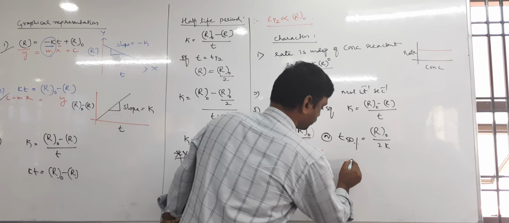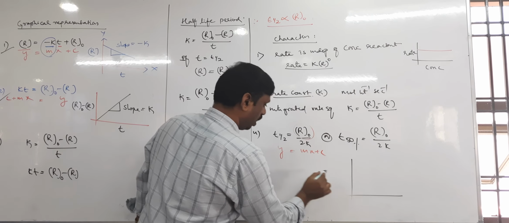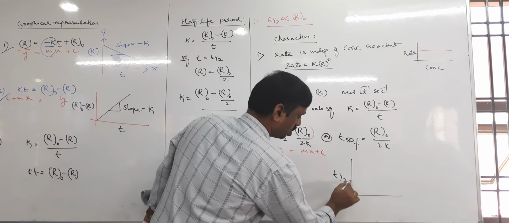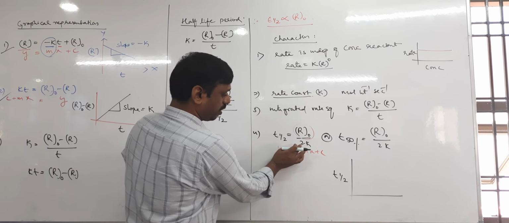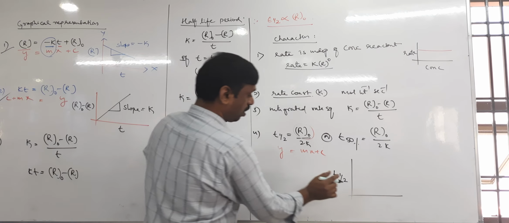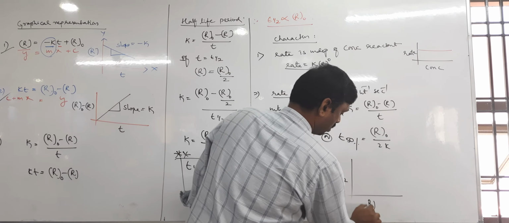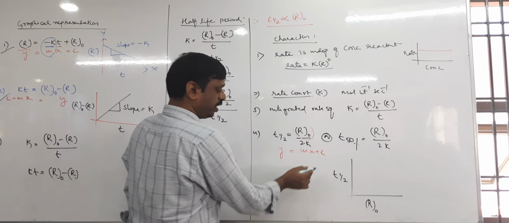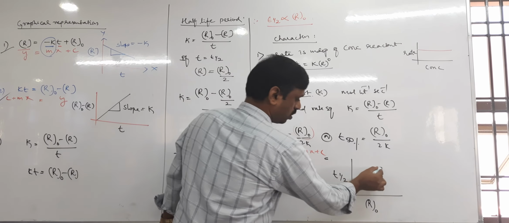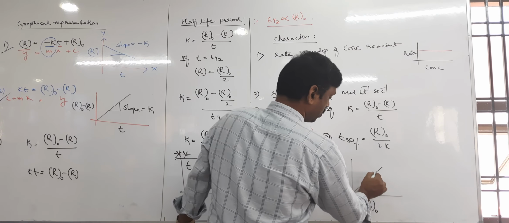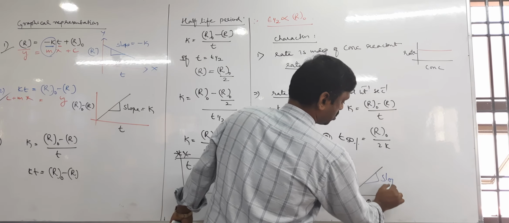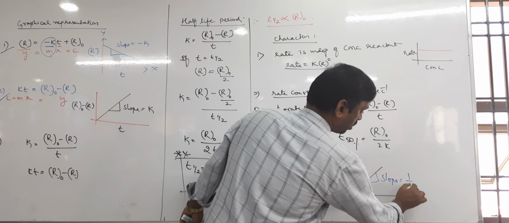On the y axis T half is taken. Since c equal to 0, it is a straight line passing through the origin. And what is the slope equal to? The slope is equal to 1 by 2K, which is important.